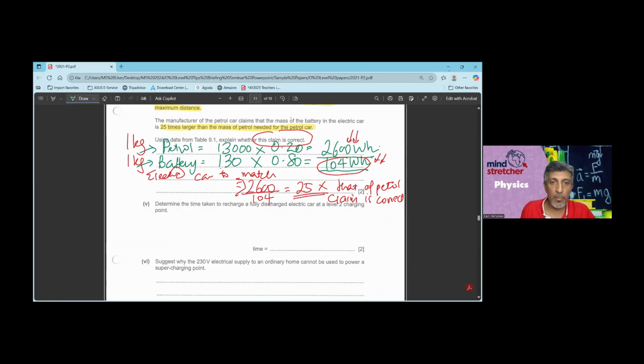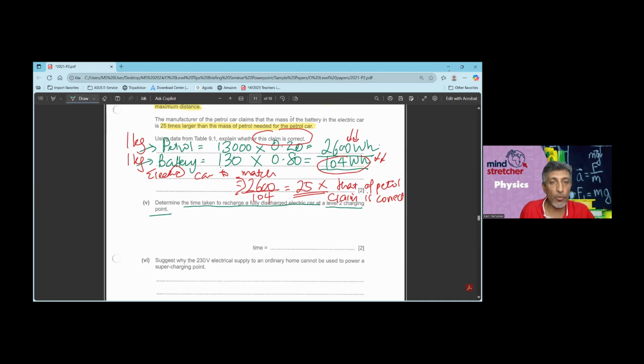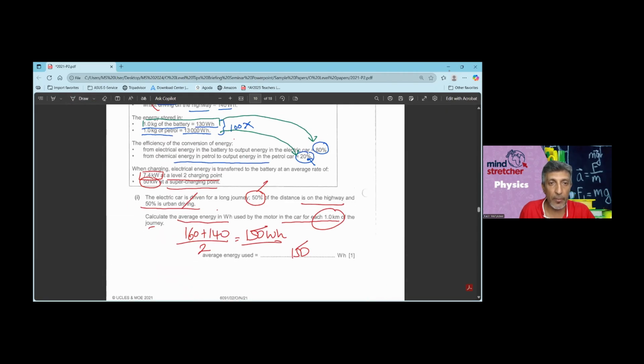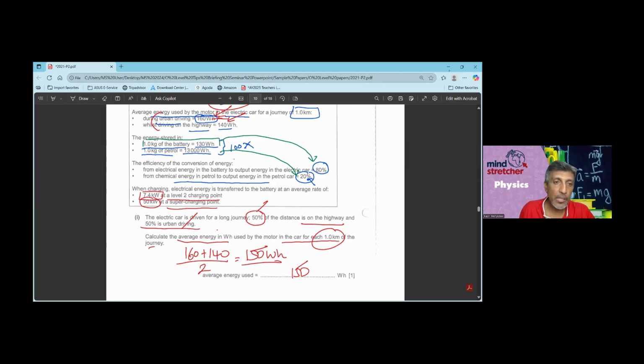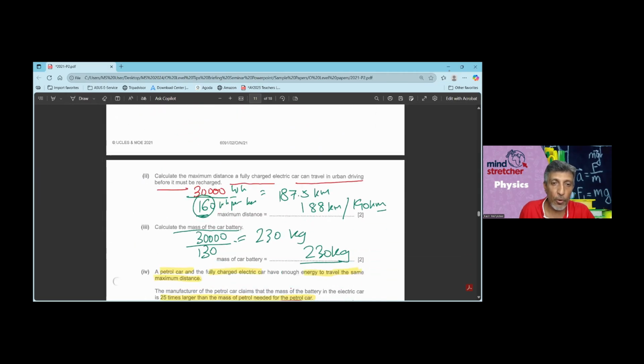Now, determine the time taken to recharge a fully discharged electric car at level 2 charging point. You need 30,000 when it's fully charged. They're asking you what is the time taken. This is 7.4 kilowatt.